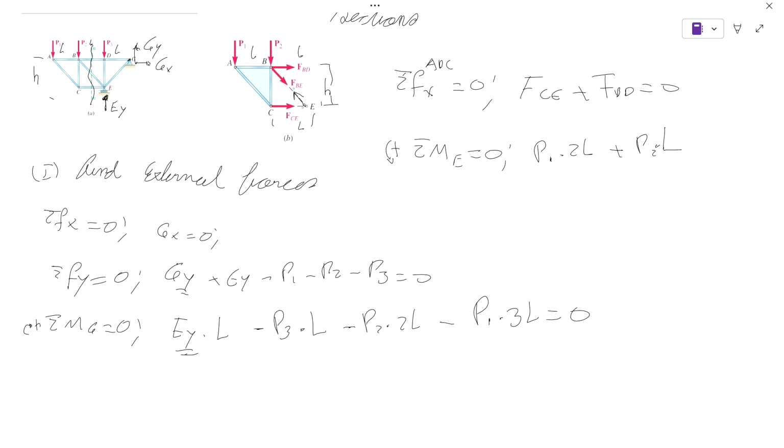F_CE is on the axis, F_BE is going to the point, so it's not being considered, but we have a clockwise force, which is F_BD times H equals 0. So from there, notice that we have P1, P2, we can compute F_BD is equal to something. And from there, we can go and compute F_CE.